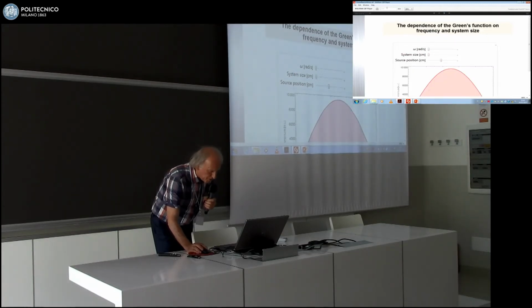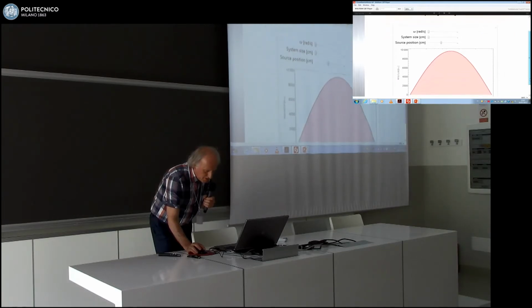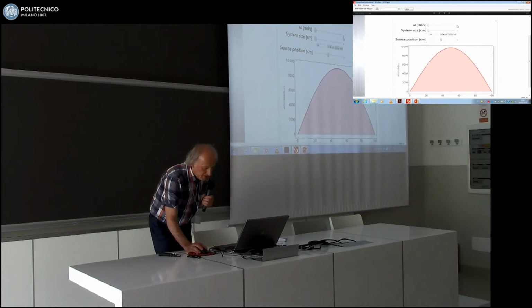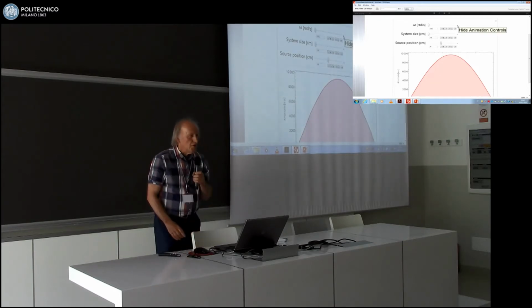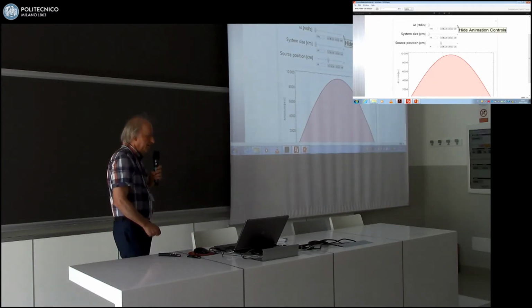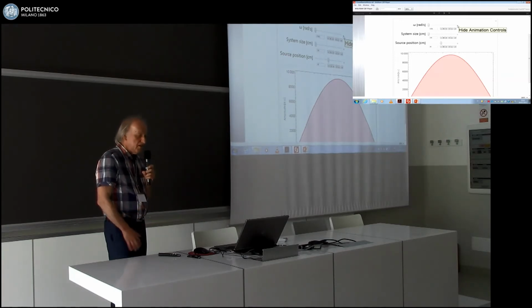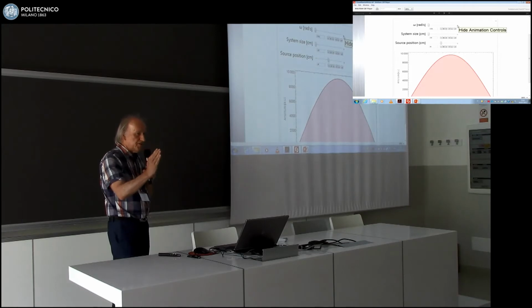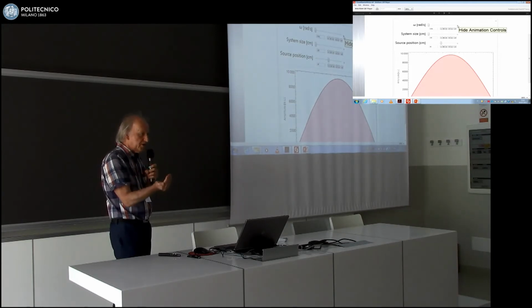This is supposed to show the dependence of the space-dependent Green's function on the frequency and the size of the system and the position of the argument of the Green's function, which corresponds to the perturbation.